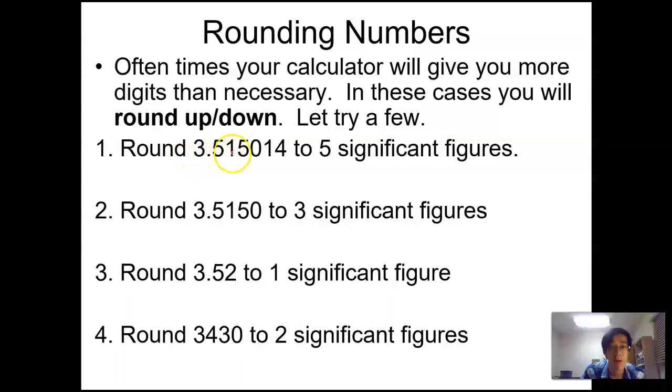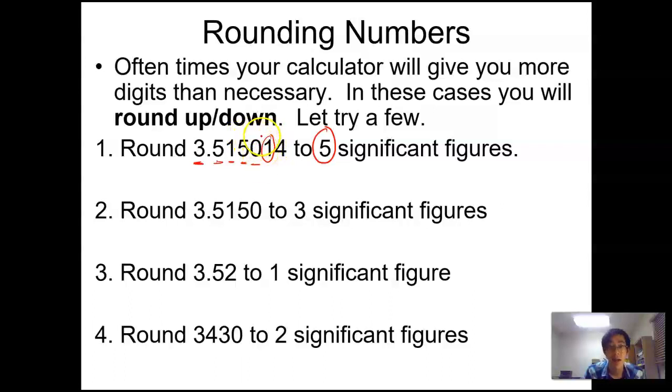Let's round 3.515014 to 5 significant figures. Okay, and then when I round stuff up, I want to round the stuff nearest to the whole number and the numbers to the left of the decimal right here. So I'm going to always start from the left, and I'm going to keep this guy, this guy, this guy, this guy, and this guy. That's 5 significant digits. But then this number right here, I need to check whether it's less than 5, right?